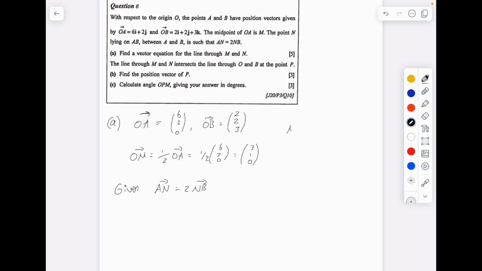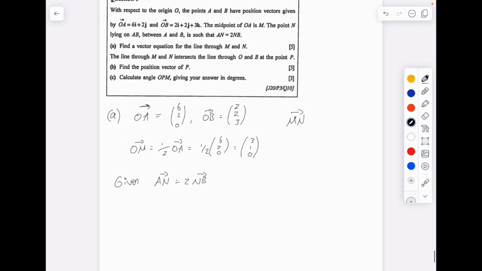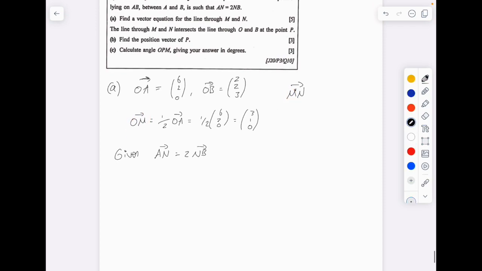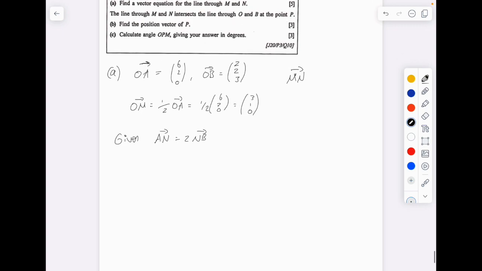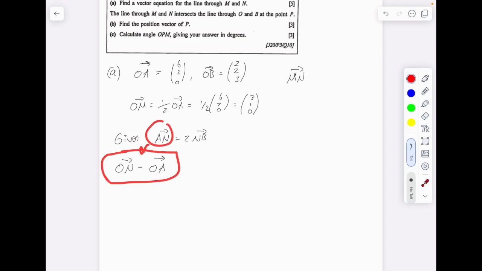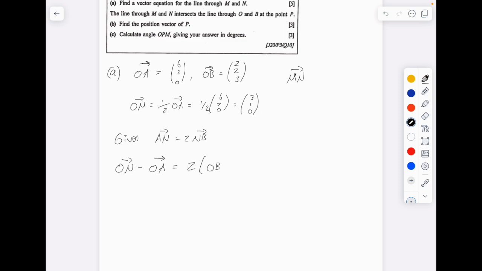Okay, that's the goal, which means we're therefore going to need ON and OM. Okay, so we've got OM, we just need ON now. So, right, we can say that ON minus OA, because that's effectively what this equals, right, is going to equal 2 OB minus ON.